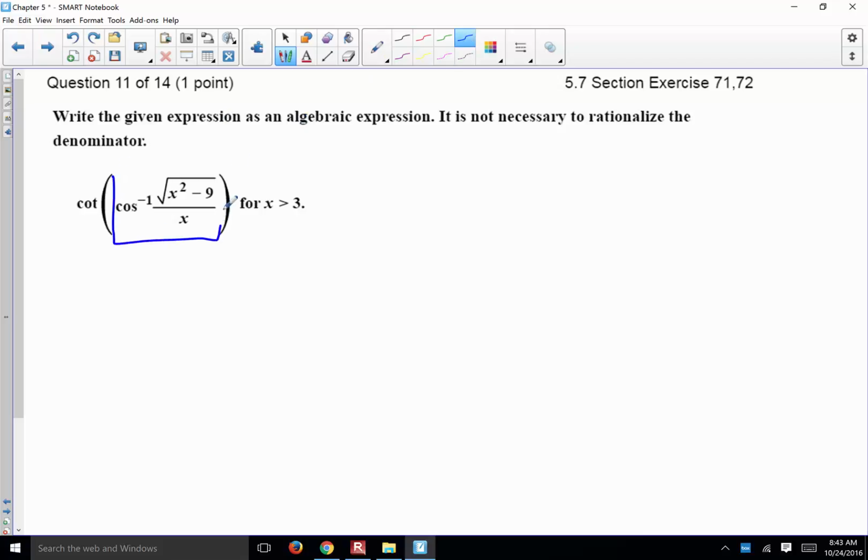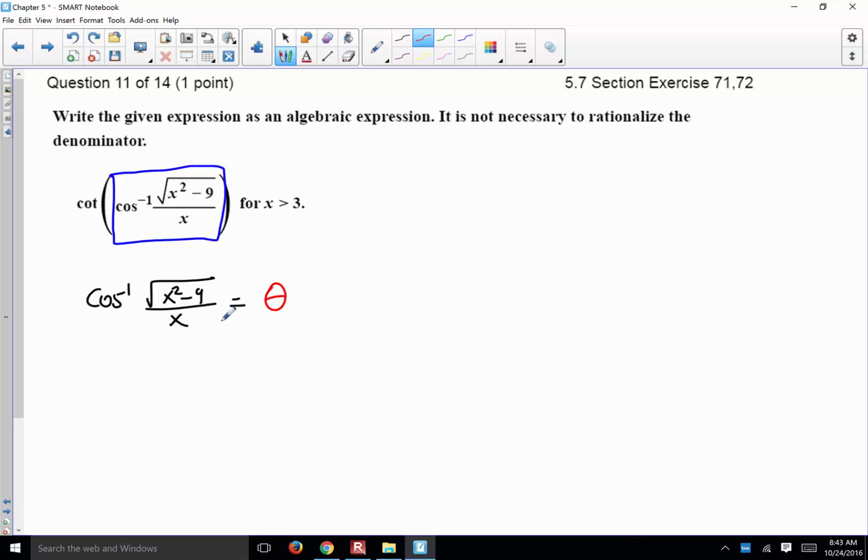Same idea. As if it's an ordinary question, I'm going to start inside out, set this into theta first, guys. Please do so. Call this theta. Okay?